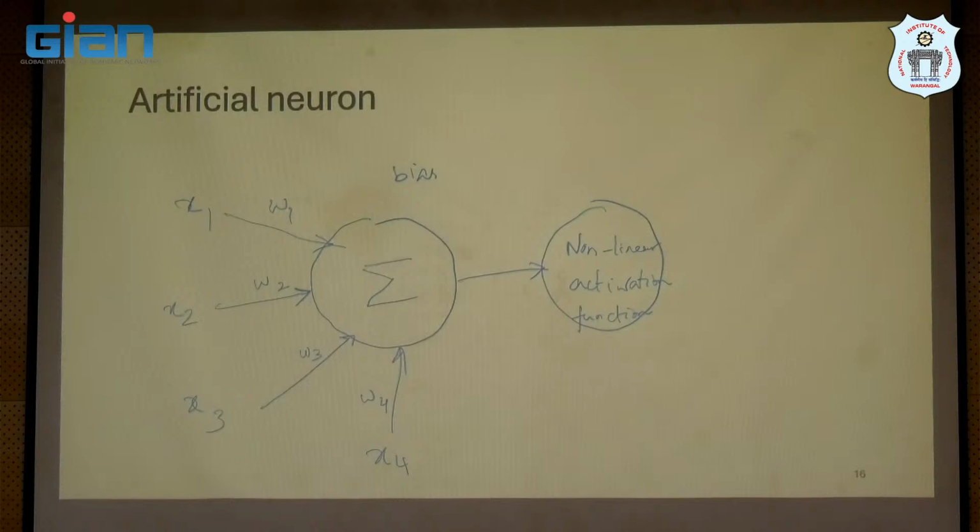A diode rectifier, for example, is a non-linear function, right? Anything negative is cut out, only positive comes through. So a rectification unit is a non-linear function. And then what you get is the output.